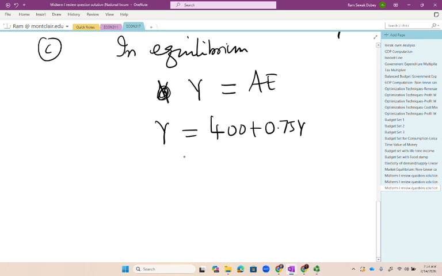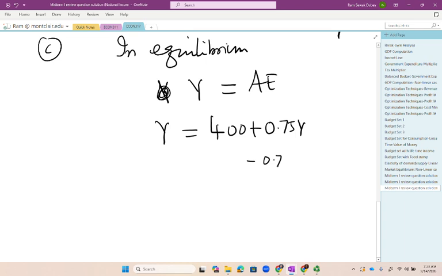And the way we solve, I will take the unknowns on one side, this time on the left side, the constants on the right hand side. So I have 0.75y on the right hand side, which needs to be moved to the left.